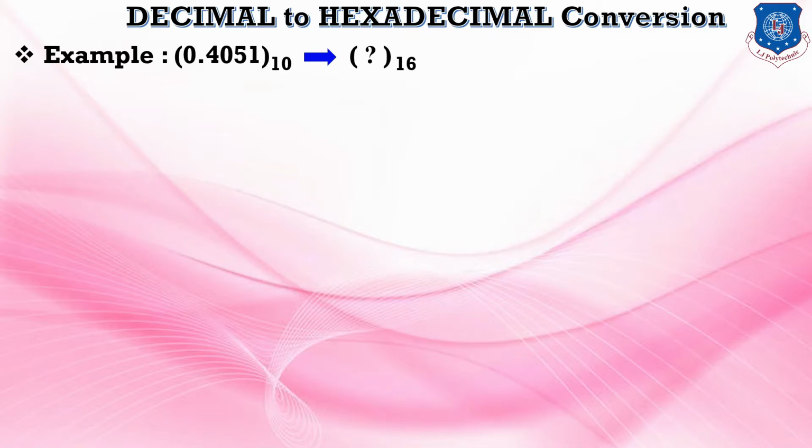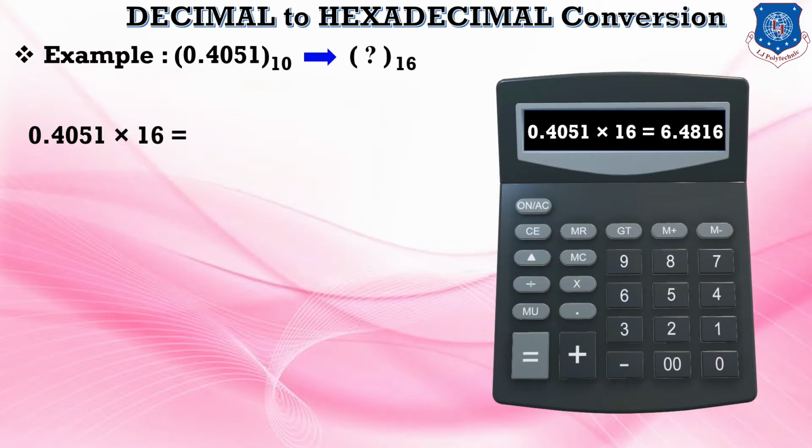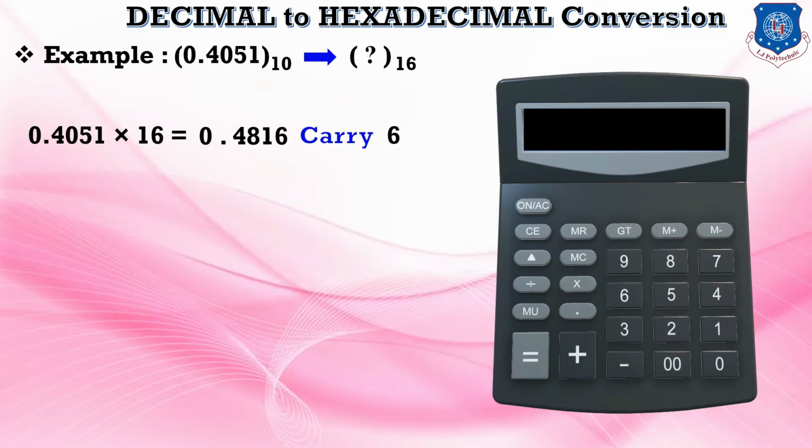Here for our reference we use a calculator. Now 0.4051 is multiplied with 16. Then we will get the answer 6.4816. Of this 6.4816, 6 is considered as a carry. So the remaining term will become 0.4816.